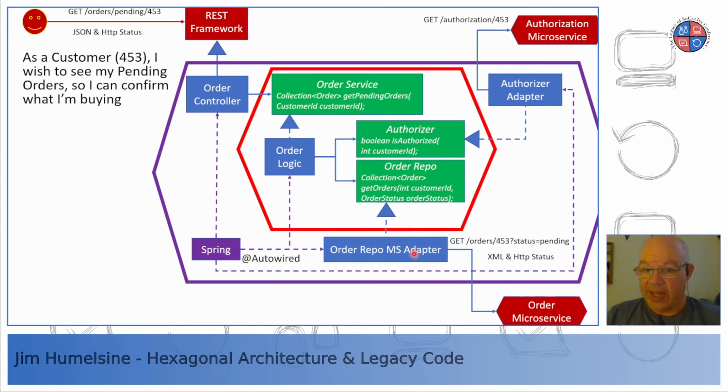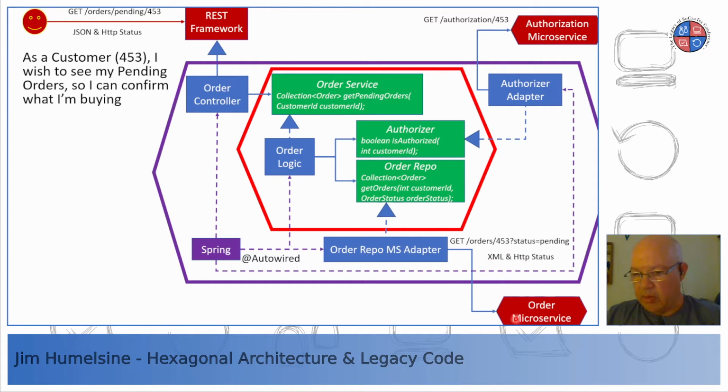It's going to translate it into, in this case, Java-like notation, to be a collection of orders. And then those orders are going to be returned to the controller, which knows that the user wants JSON and will convert it back to JSON to go to the user. So there's two sets of translations going on.